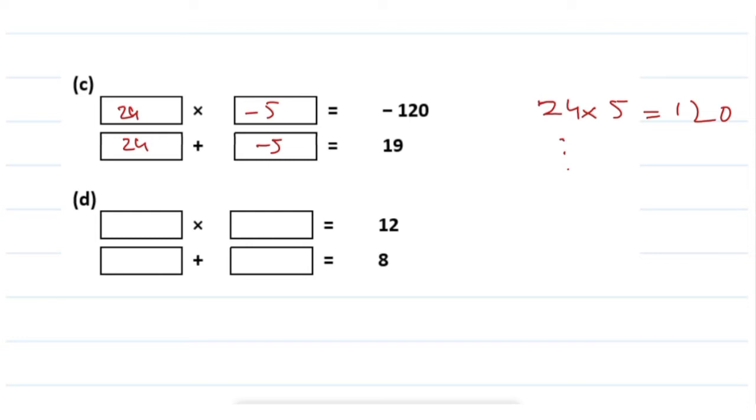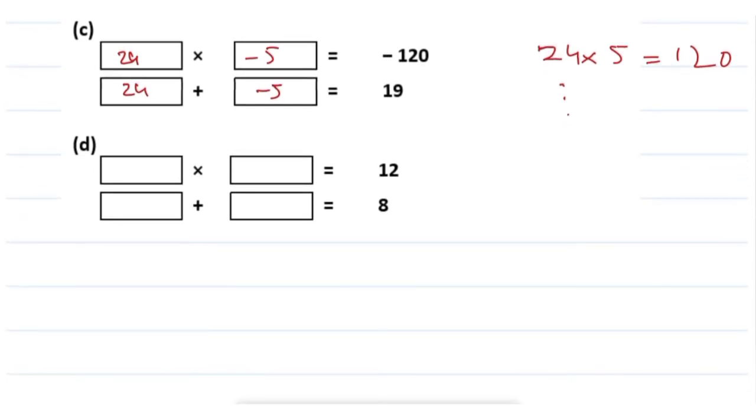So these are the two factors which give us a product of -120 and a sum of +19.